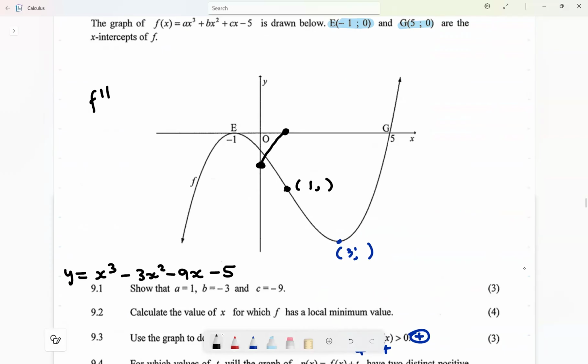So I'm going to have a straight line like this. When I have a straight line like this, boom.